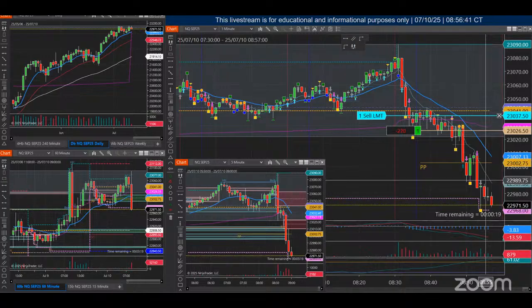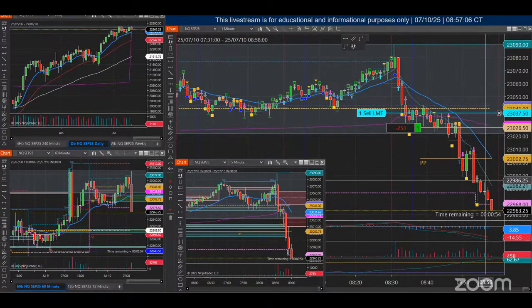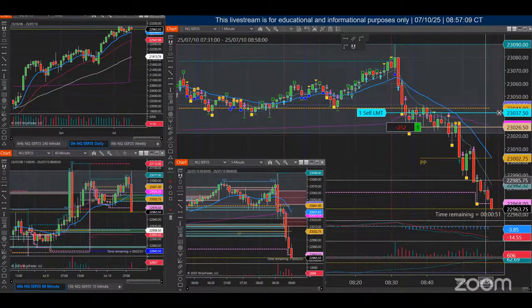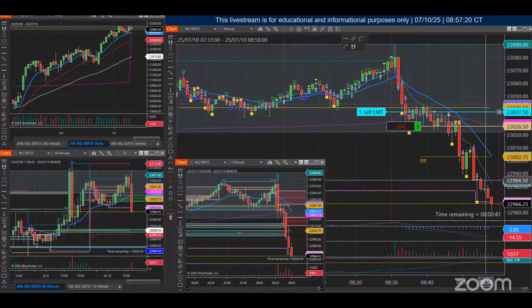So far there are not enough follow throughs. All right.